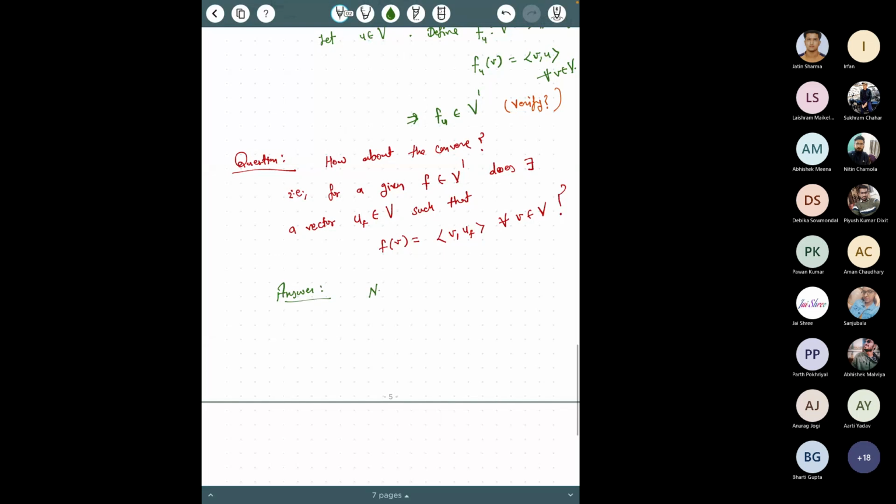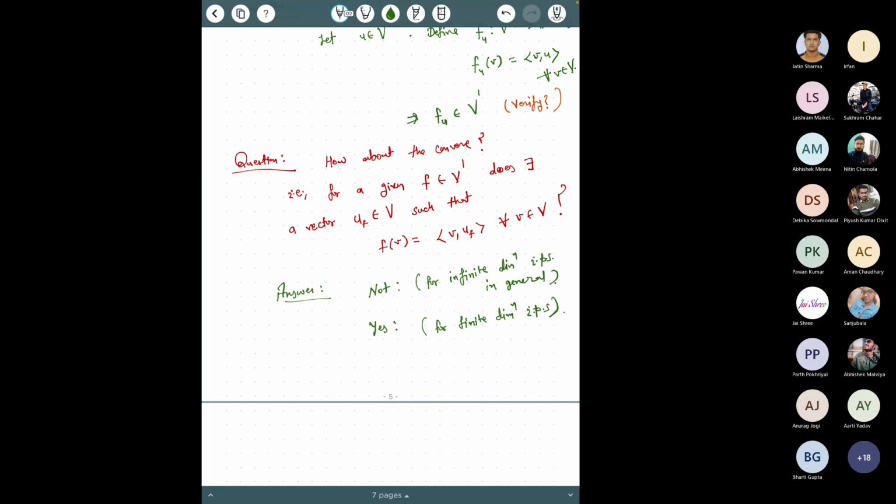That means this is not true for infinite dimensional inner product spaces in general. But yes, if V is of finite dimension. So for finite dimensional inner product space.